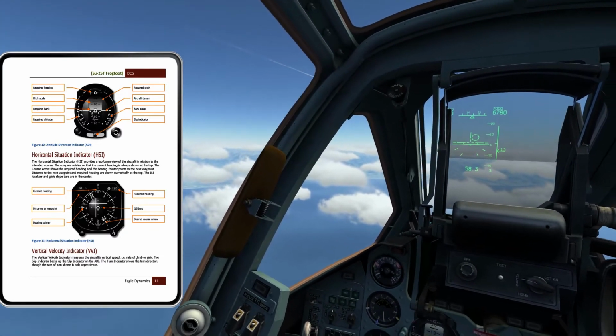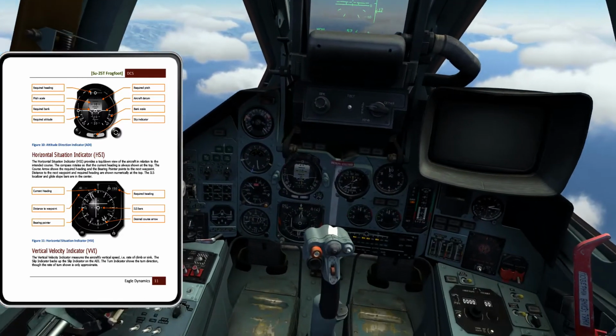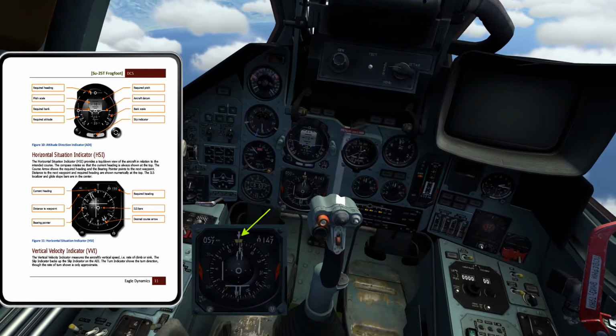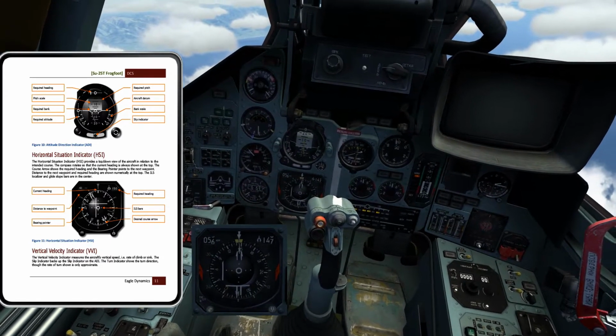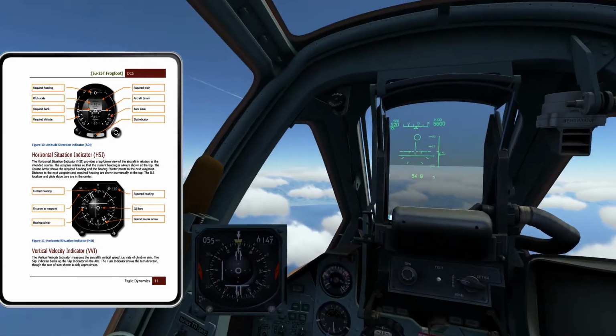The compass rotates so that the current heading is always shown at the top. In other words, the current heading. We are flying basically to 130, 145 degrees. That is our current heading.